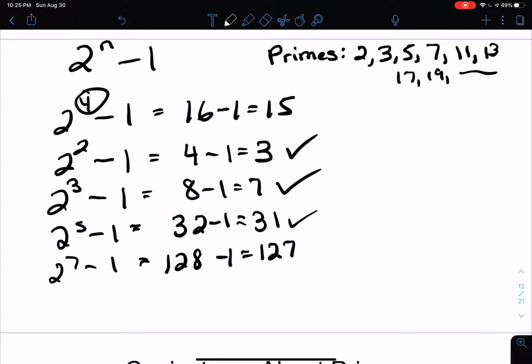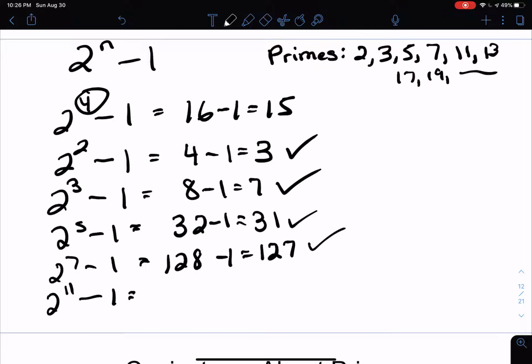127. I believe that's prime also, but I have to stop and check real quick. Yeah, that's prime. Okay. I think the next one is not, though. I think the next one's composite. I was looking it up earlier.